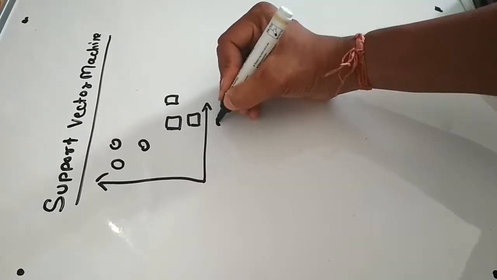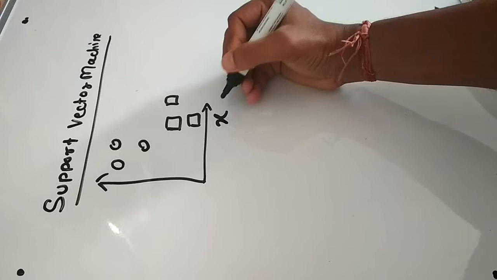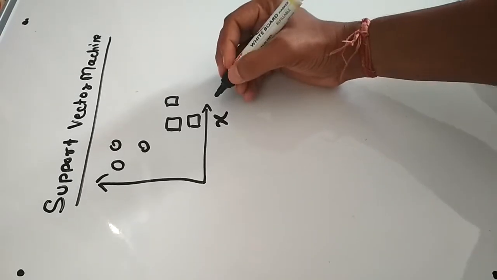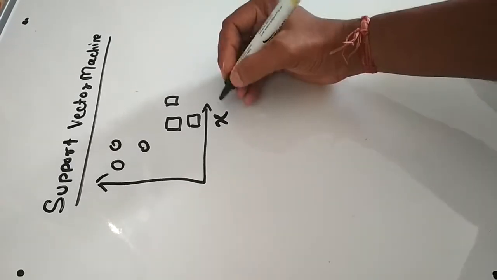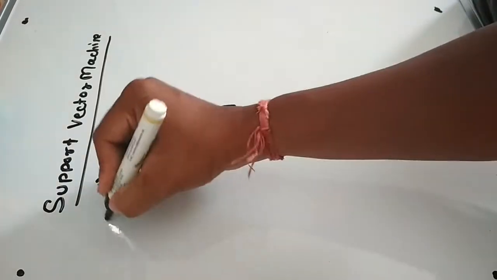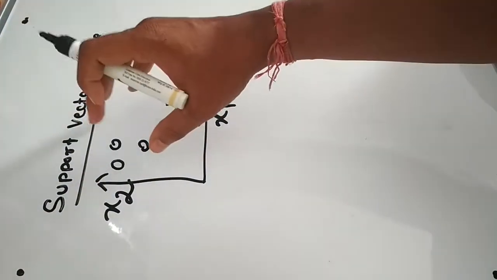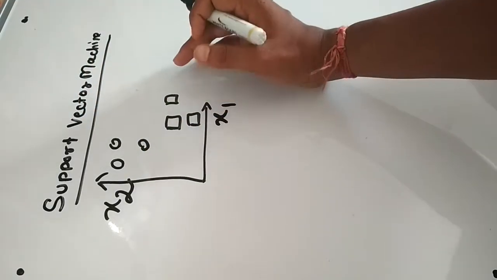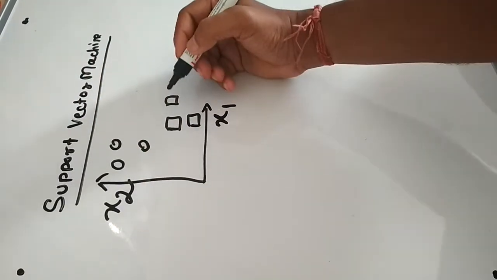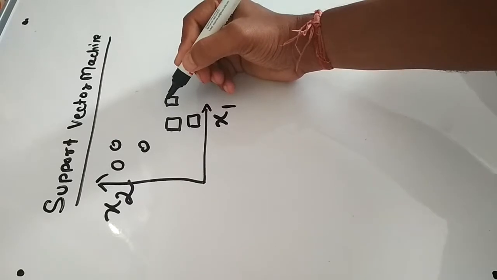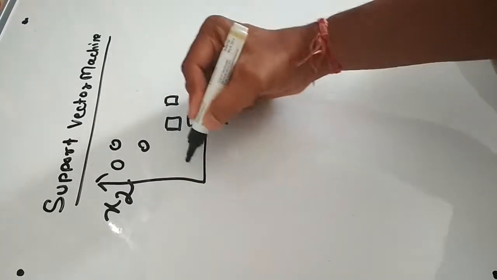Suppose these are features for a substance or material: x1, and this is feature x2. This is one group and this is another group, so we have to find the line or hyperplane between them, which may be drawn like this.